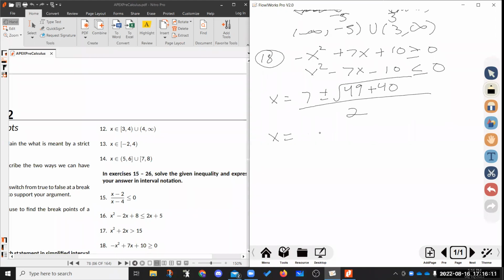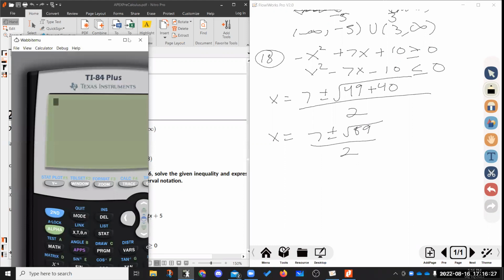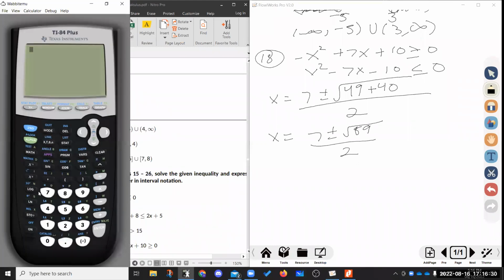It's going to be equal to 7 plus or minus root 89 over 2. This is bigger than 9, smaller than 10, right? So let's pull out our calculator here just to get an estimate for what this is. 7 plus the square root of 89 divided by 2.